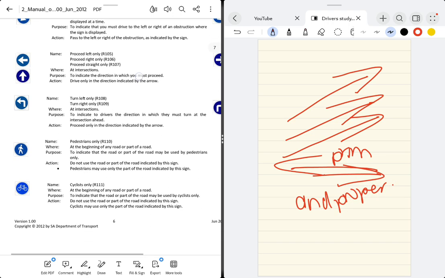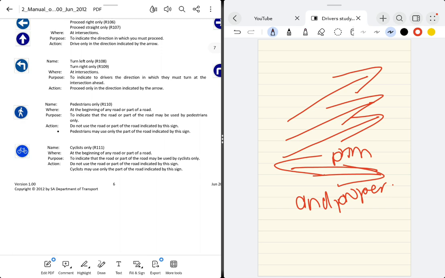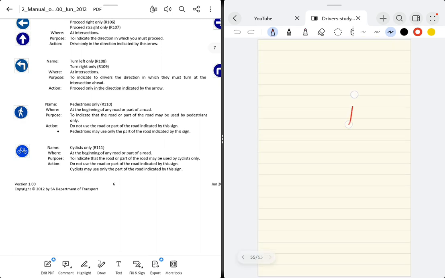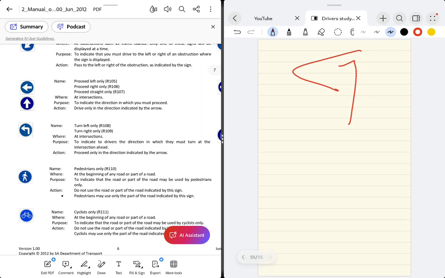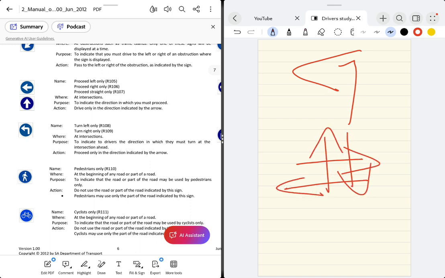And when it's an arrow with a thingy, it just means turn left only. Now let's remind ourselves. If it's straight, it just means proceed only.